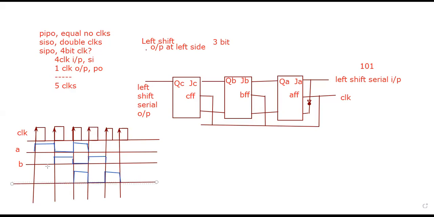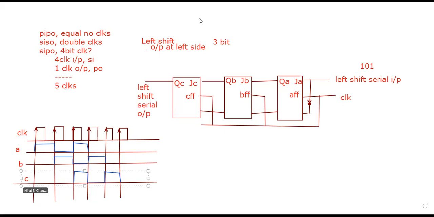So if you are asked to write the left shift with clock pulse, it is not that difficult. This is our C line. Suppose it is 1 1 1, all 1.